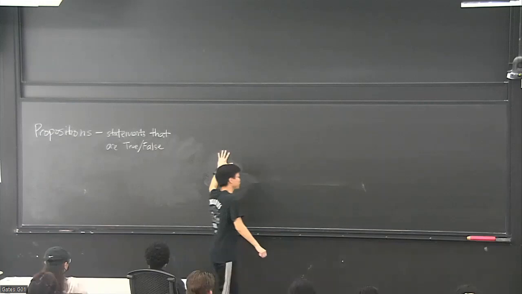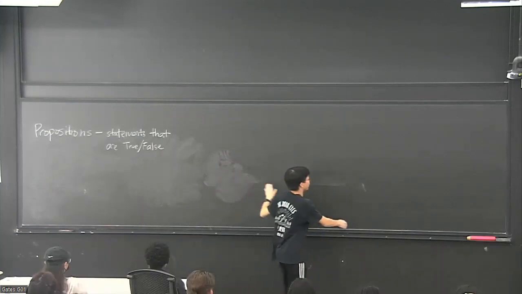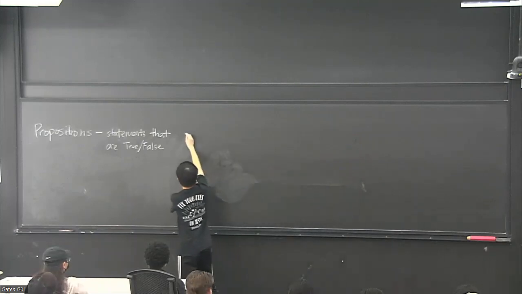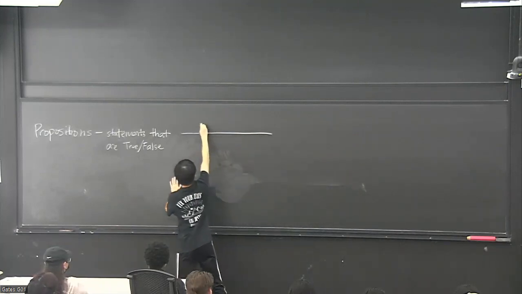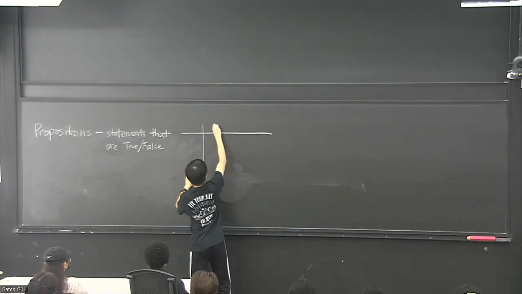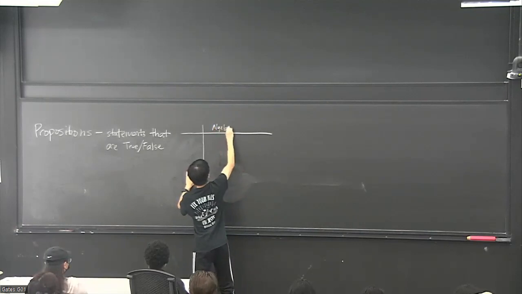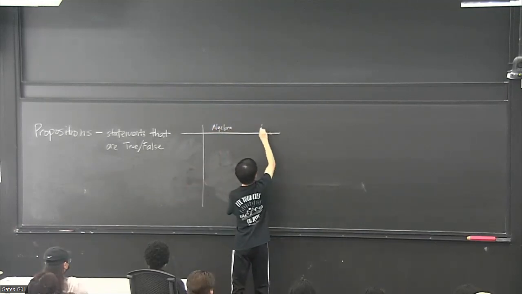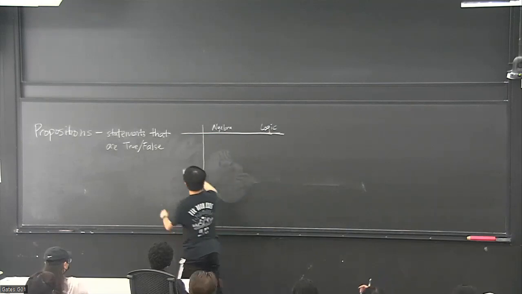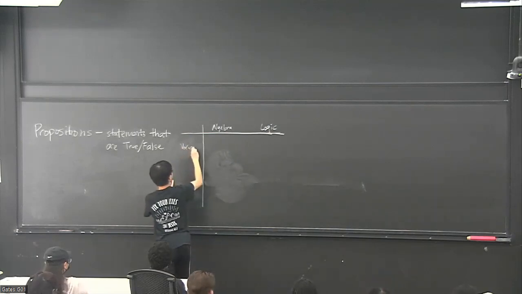Here I'm going to write out a chart: algebra and logic. We can have things that are variables.